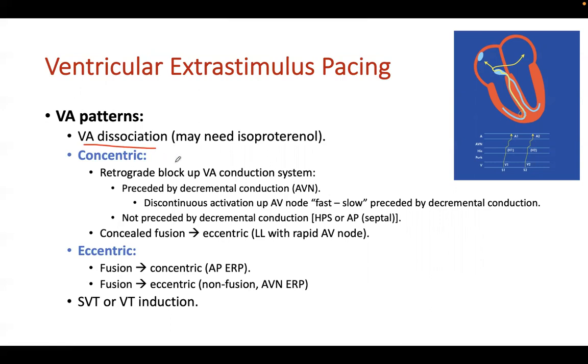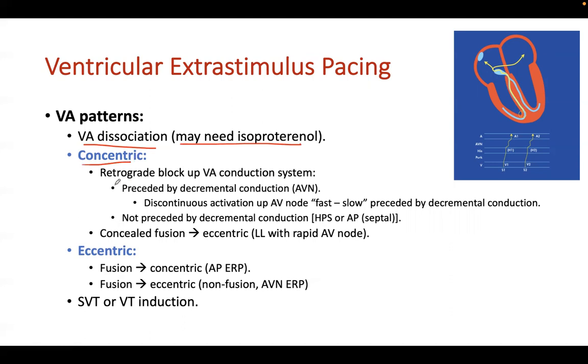For atrial tachycardia it doesn't matter what your retrograde atrial activation is, it doesn't care. Sometimes we give isoproterenol to confirm that there is truly VA dissociation, especially if the patient is sedated. Okay, again, now imagine you are V-pacing and you are seeing concentric atrial activation.